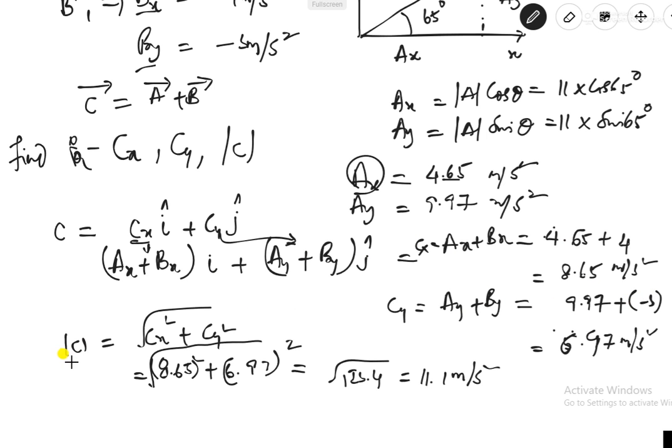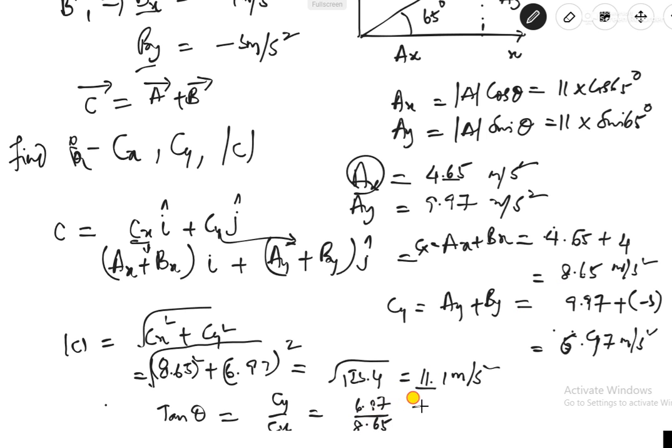So the magnitude of C will be the square root of Cx square plus Cy square. This turns out to be 11.1. Suppose you want to find the angle the resultant is making. It is simply tan theta. If theta is the resultant angle, tan theta equals Cy by Cx, that is 6.97 divided by 8.65.